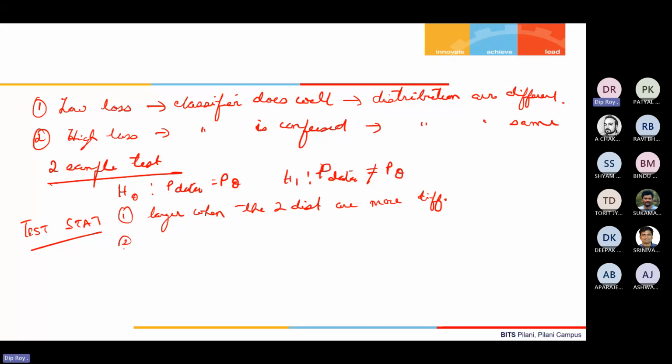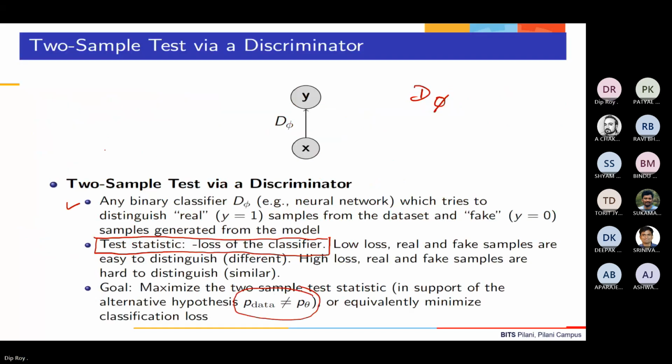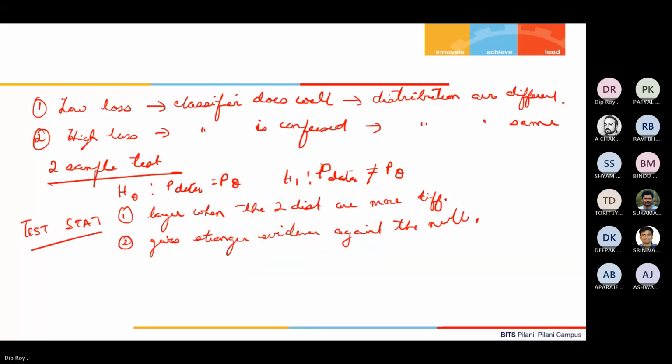And number two, it gives stronger evidence against the null. Okay. This is the exact reason why we flip the sign. Why this happens. Why we flip the sign.